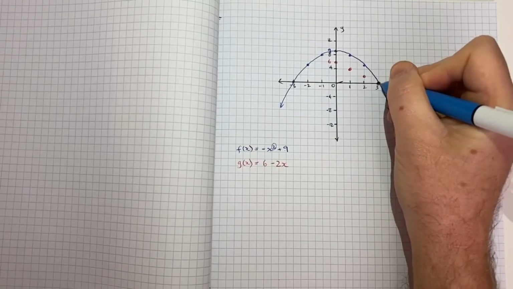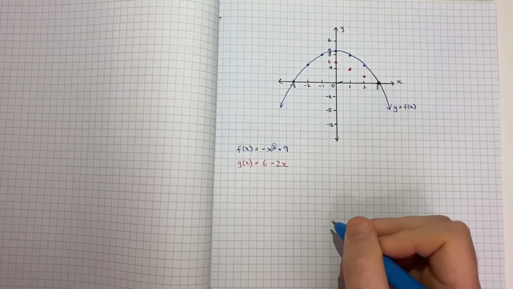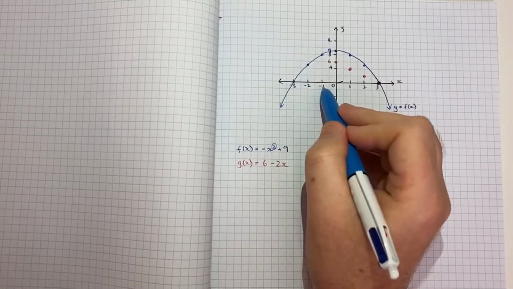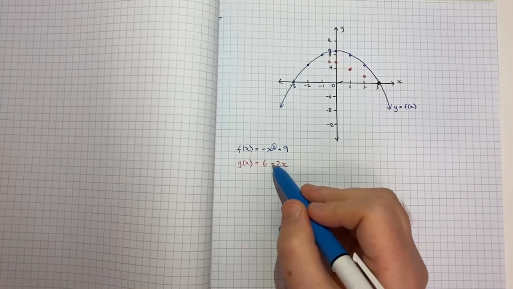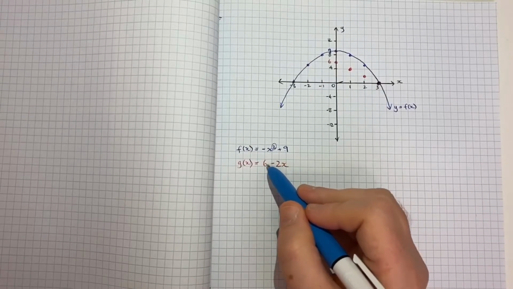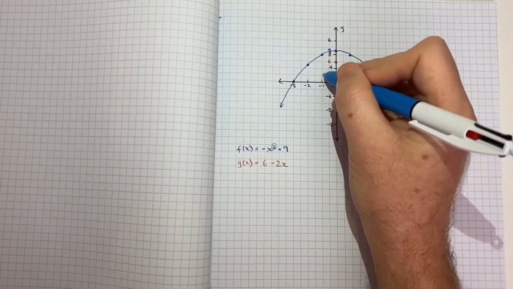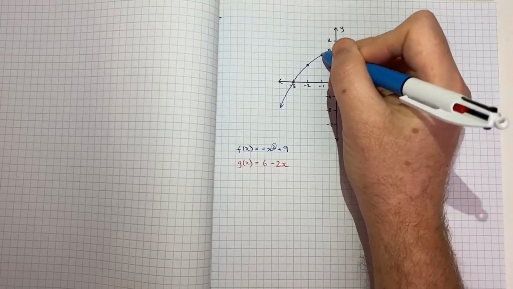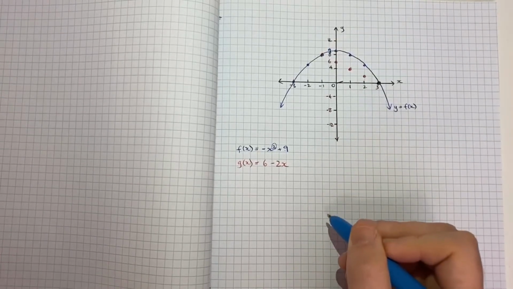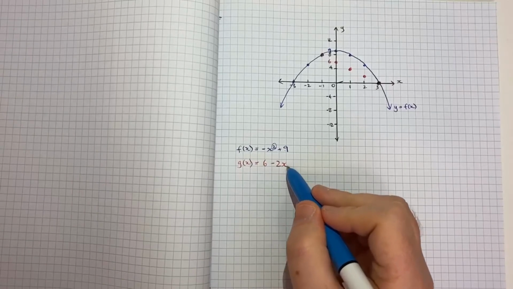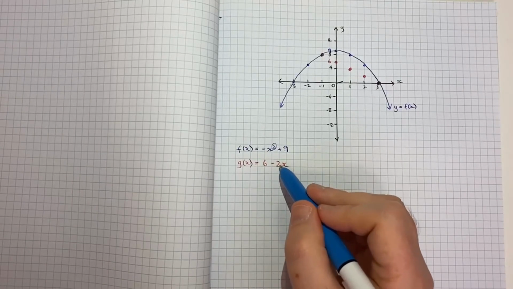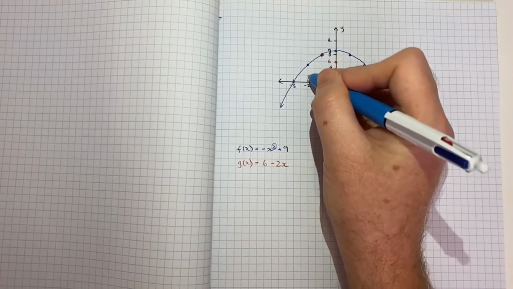So there's one intercept. If I take the negative values for x, 6 minus 2 times negative 1 becomes 6 plus 2, or 8. So another intercept there. 6 minus 2 times negative 2 becomes 6 plus 4, or 10.